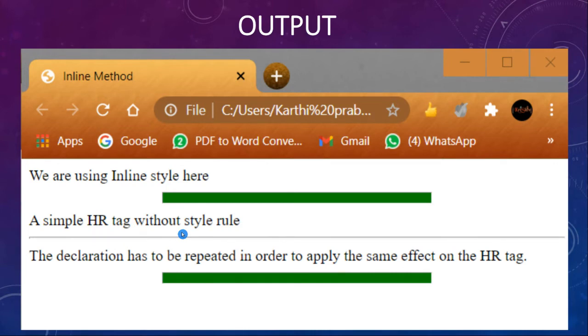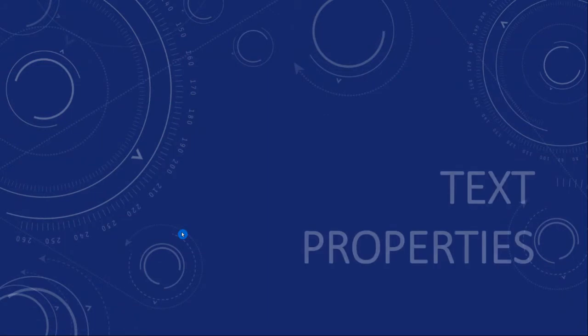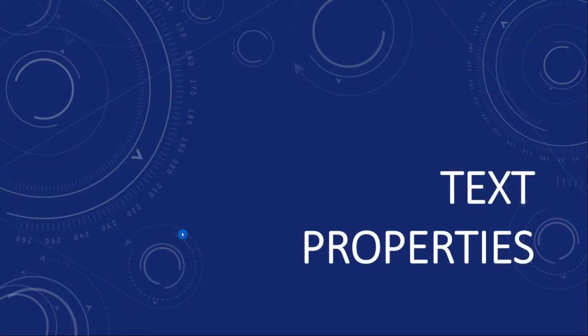Next, we are going to see about text properties in HTML CSS. So what are text properties? Already we have learned about background properties, right? In the previous video, when we were learning about background properties, it was about the background: how to change the background, how to give background color, how to use a background image.